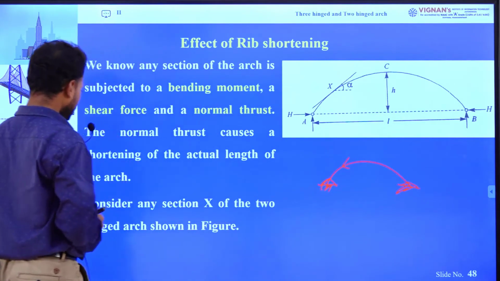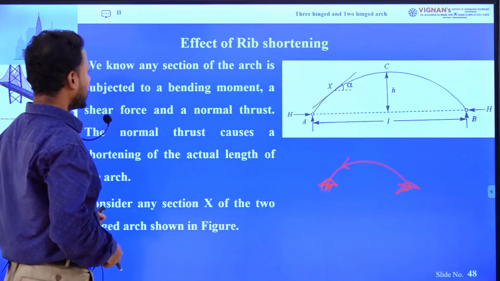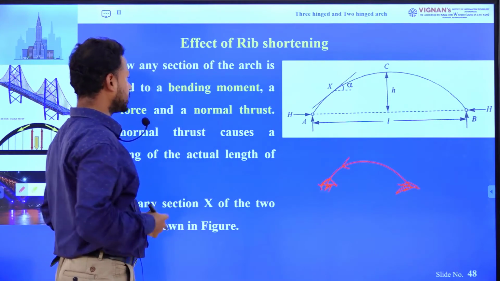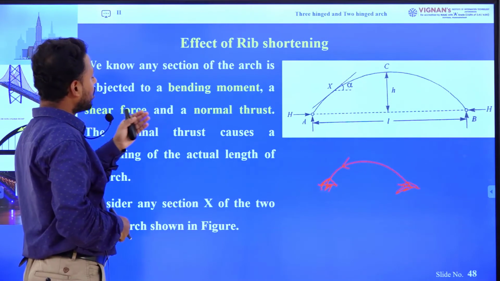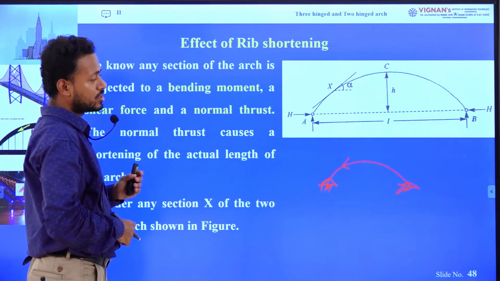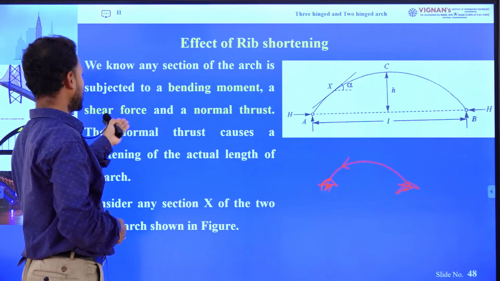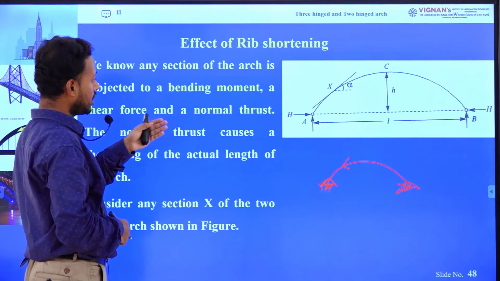So what will be the decrement? We will consider not only this normal thrust but also bending moment, and shear force will also try to deform the length of the arch. So due to bending moment, shear force and normal thrust, the length of the arch may decrease.